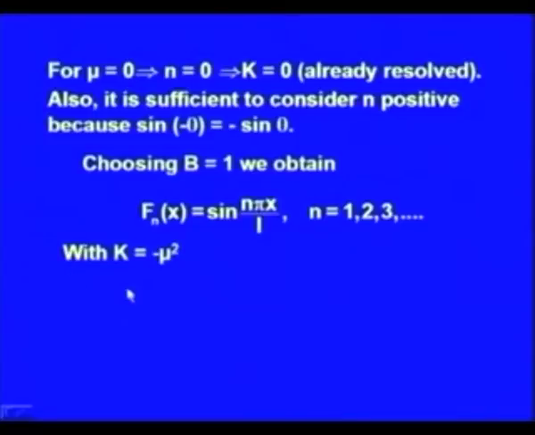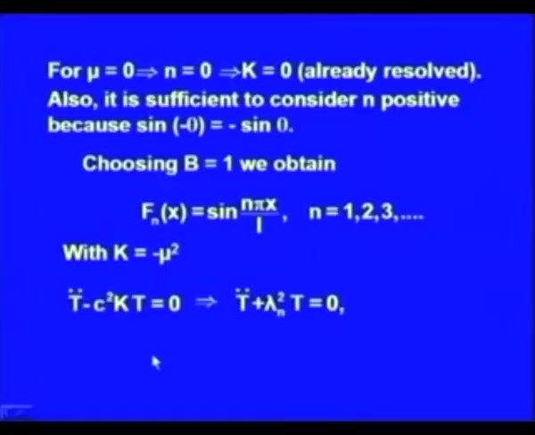where now with k equal to minus mu square, let us see what we get from the second differential equation, that is the second order differential equation for T. So, T double dot minus c square k T equal to 0 becomes T double dot plus lambda_n square T equal to 0, where lambda_n is equal to c n pi over l.